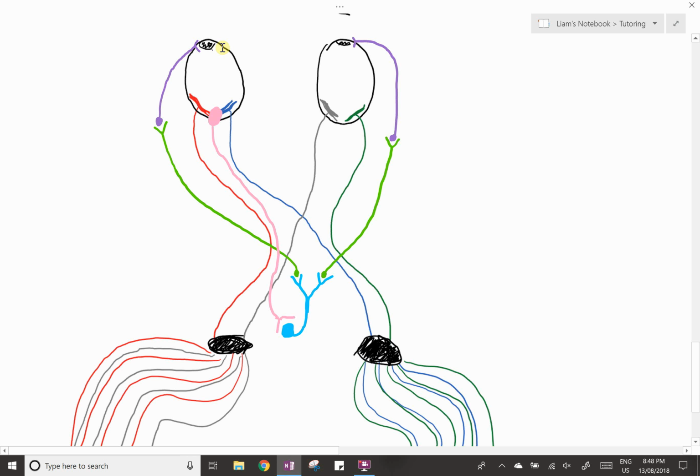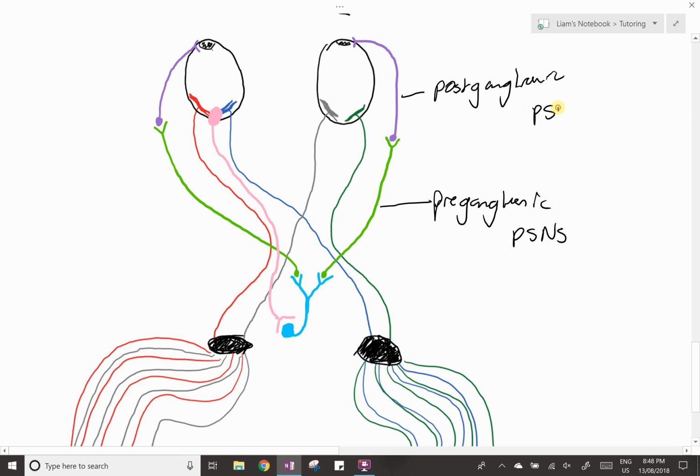So these guys here, that's our preganglionic parasympathetic fiber. This is our postganglionic parasympathetic fiber. This here is the ciliary ganglion. We're innervating sphincter pupillae.